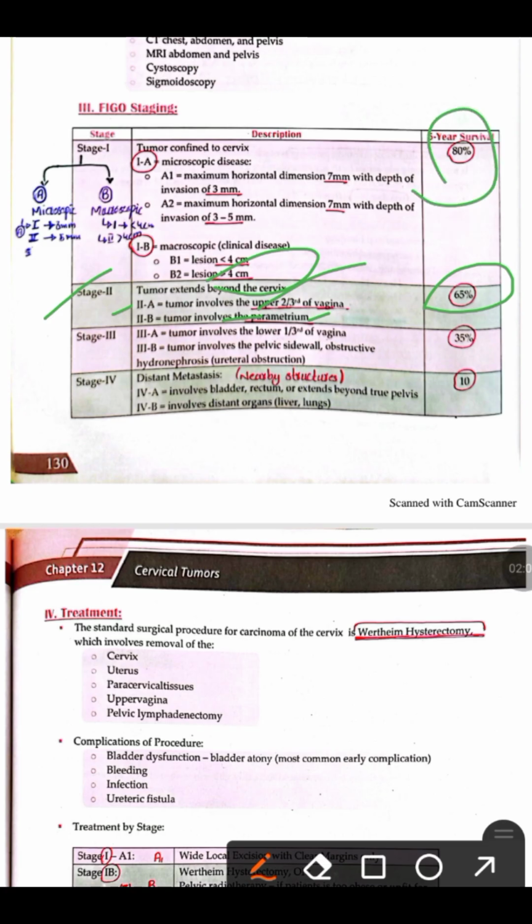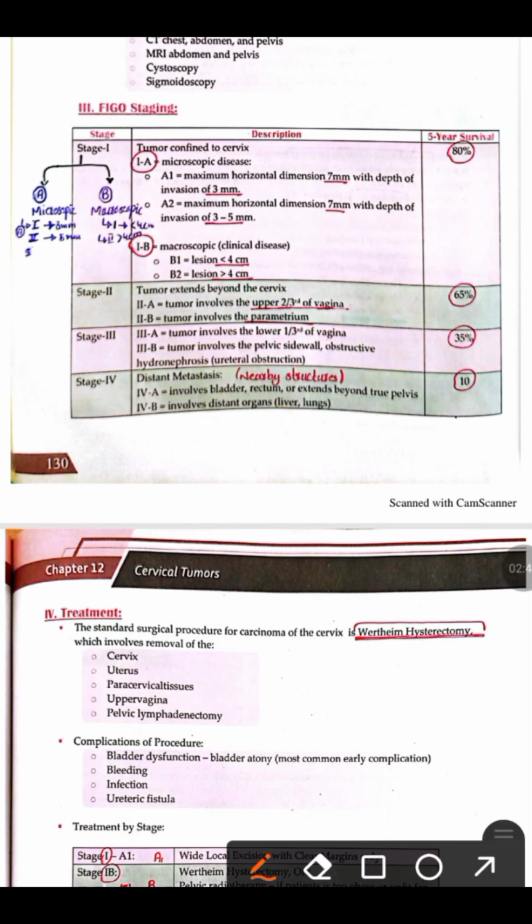And stage 3 is further divided into main types, stage 3A, that involves the lower one-third of the vagina, stage 3B, in which the tumor extends to the pelvic side wall, and if there is ureteric obstruction, it causes obstructive hydronephrosis, and the 5 year survival rate is 35%. And stage 4 is where metastasis occurs, and stage 4 is divided into stage 4A, in which there is extension into the bladder anteriorly, posteriorly into the rectum, and there may be extension beyond the pelvis. And stage 4B involves distant organs like liver and lungs.